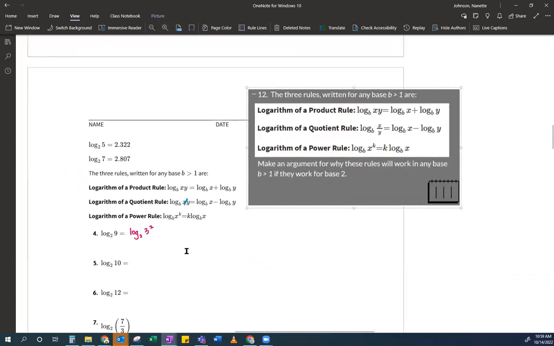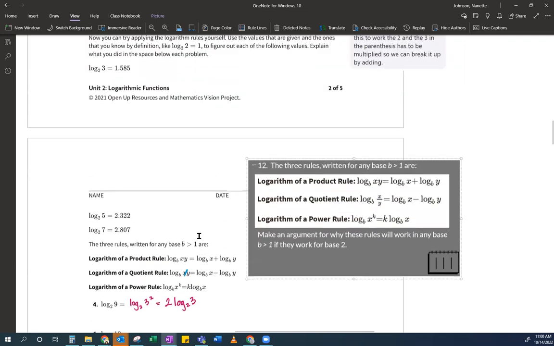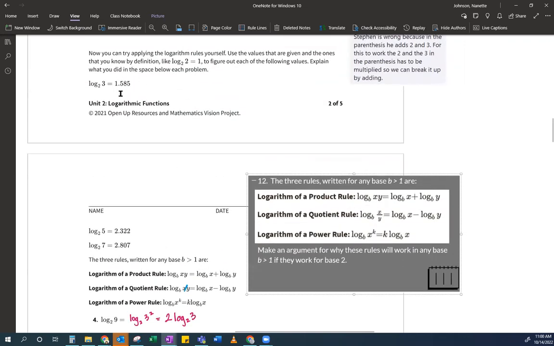Okay, so then I can use the power rule. Oh, and then the exponent goes out in front. Okay, so you want me to put that 2, Miss Johnson, in the front? Like this. So 2 times log base 2 of 3. And then I'm going to grab what log base 2 of 3 is. According to this, it's 1.585.